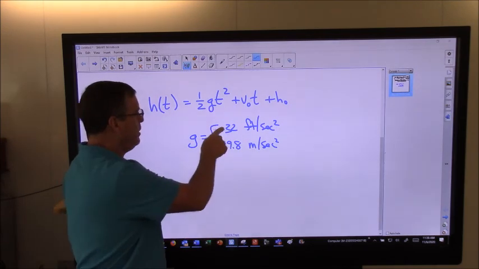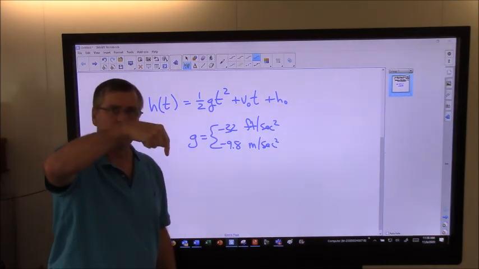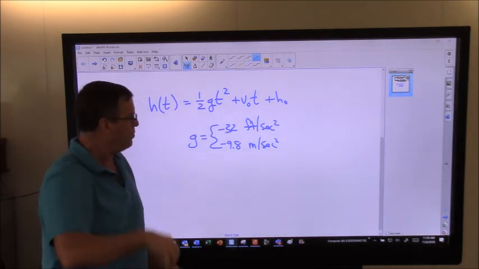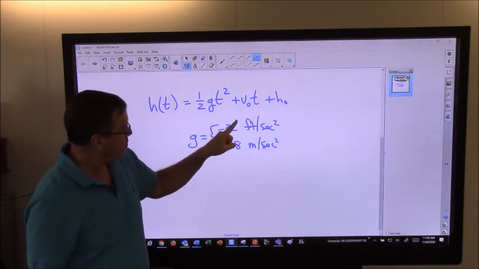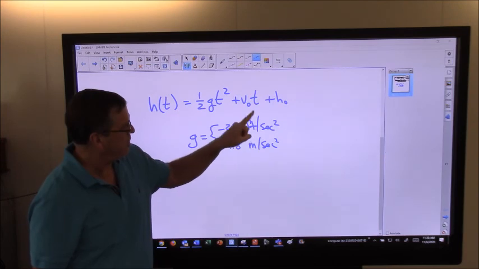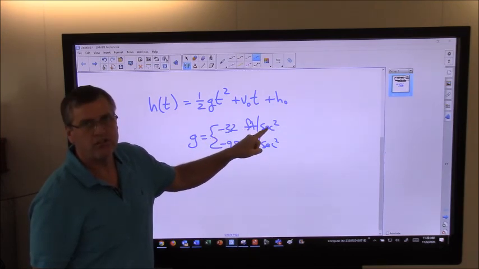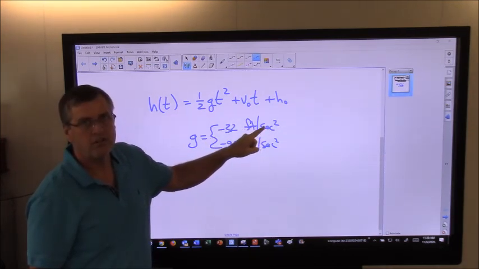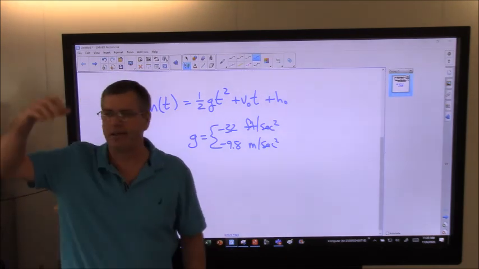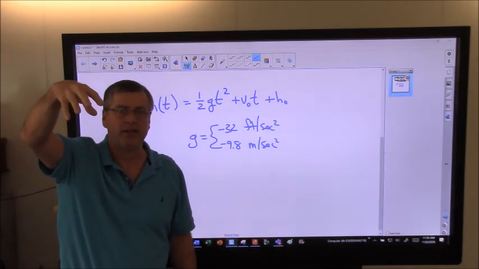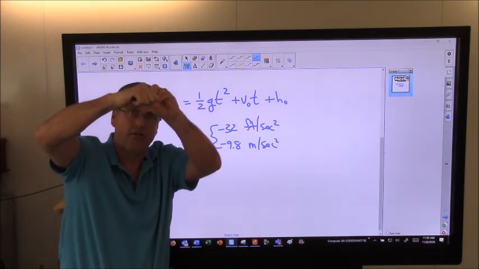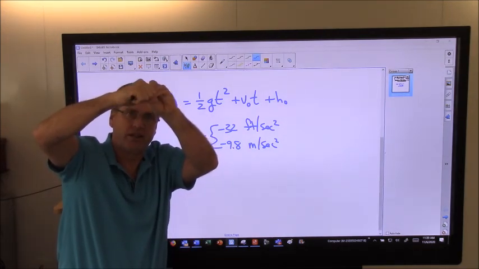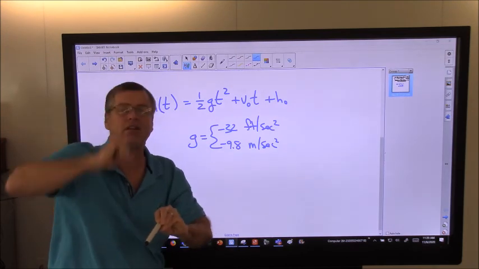Okay? And what it means is, if an object is falling, its speed will increase in the downward direction by 32 feet per second for every second it continues to fall. Okay? So if I get up on a tall building and I drop something, in 1 second, well, first of all, when I first let go, there's a split second that it sits there and then begins to fall.